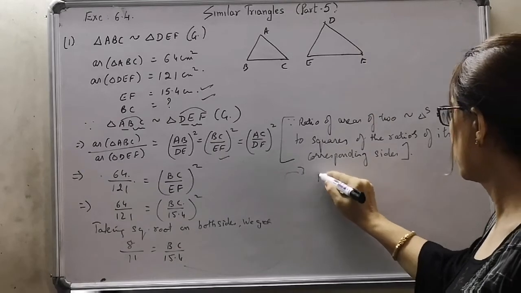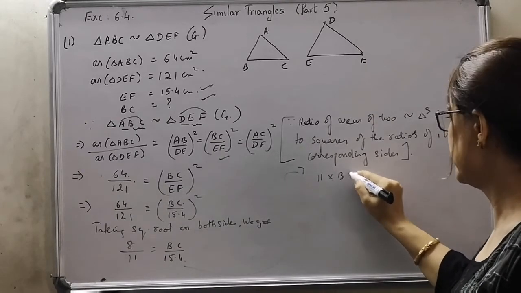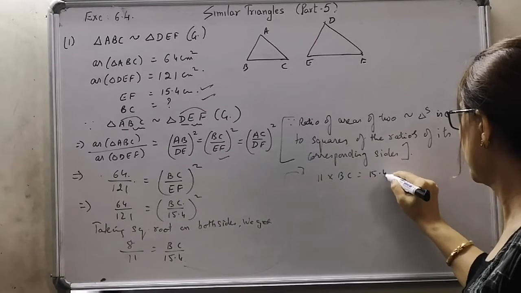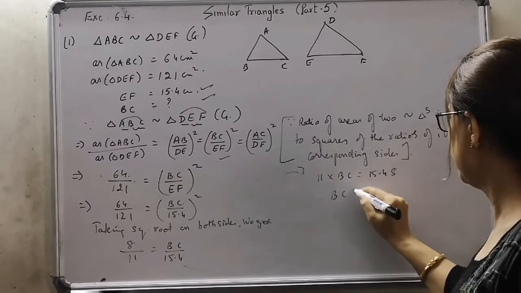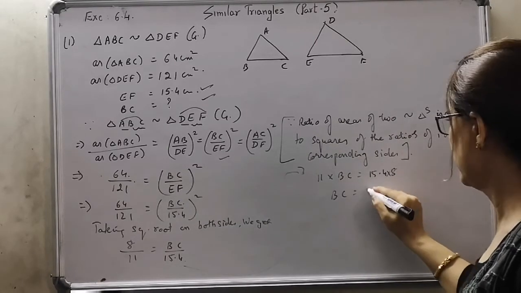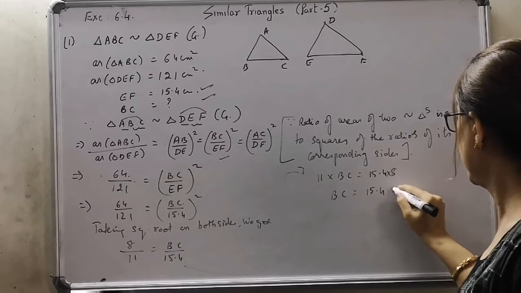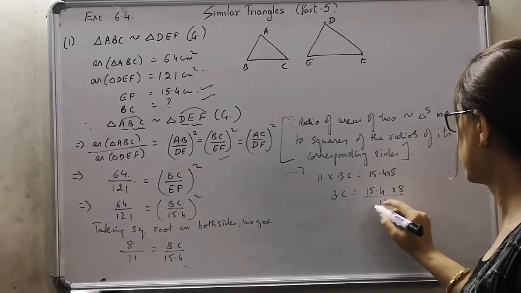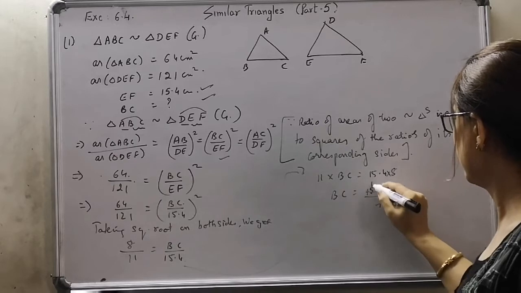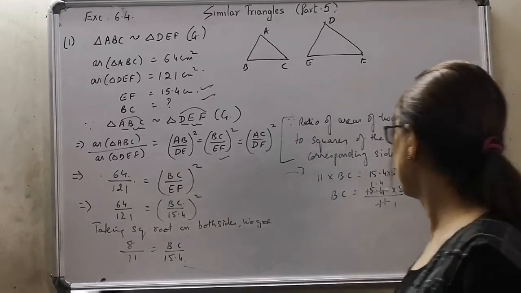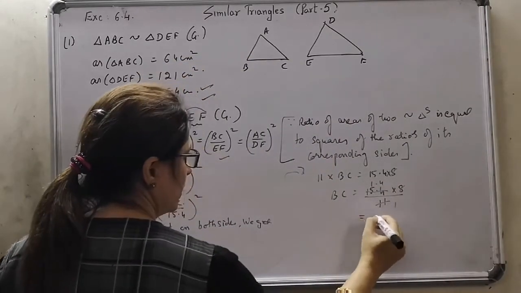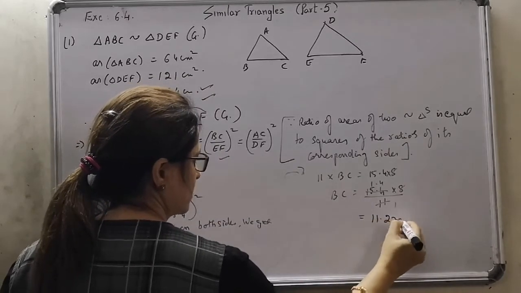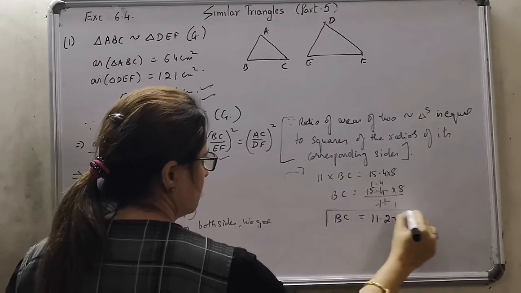So after going for cross multiplication, we have 11 into BC is equal to 15.4 into 8. So what is BC? BC is 15.4 into 8 upon 11. So 14 into 8 is 112. This is 11.2 centimeters, the length of line segment BC.